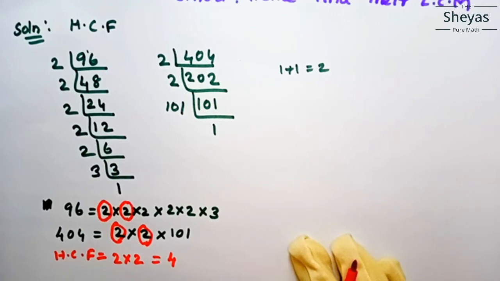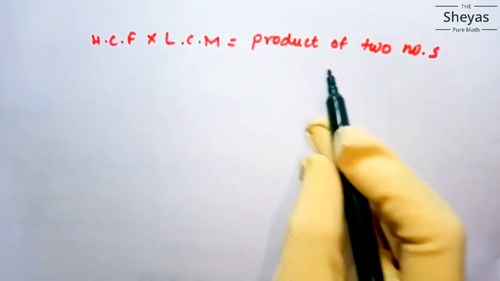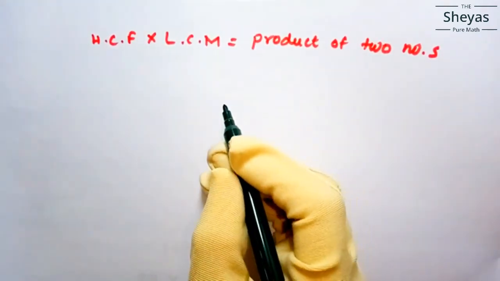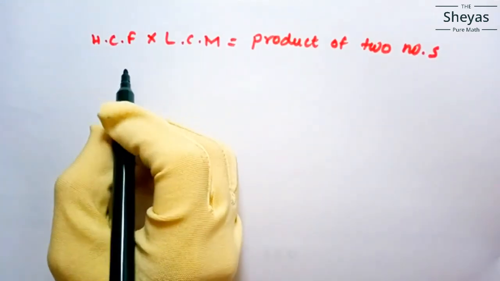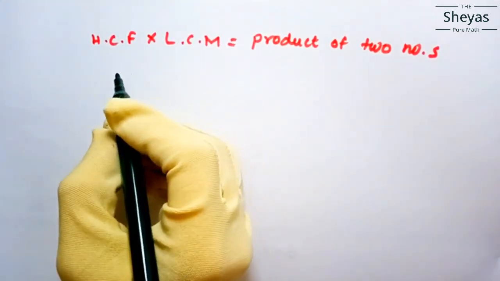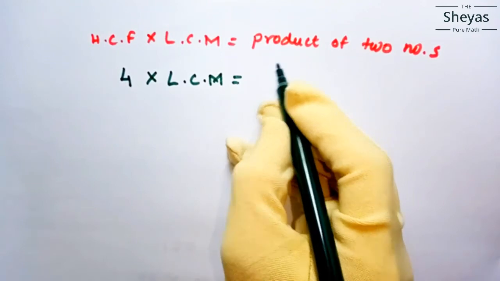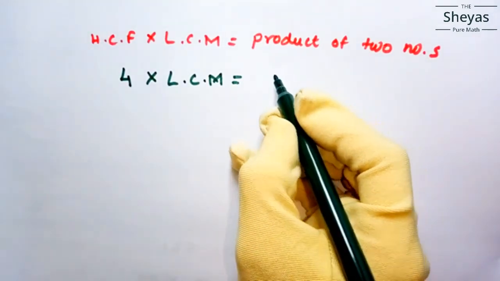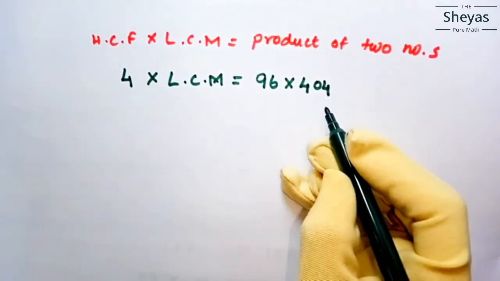Now we are going to find the LCM by applying the previous rule we have learnt. What is the rule? HCF into LCM is equal to the product of two numbers. The HCF we have already found: 4 into LCM, which we don't know and are going to find, is equal to the product of the two numbers, 96 and 404.